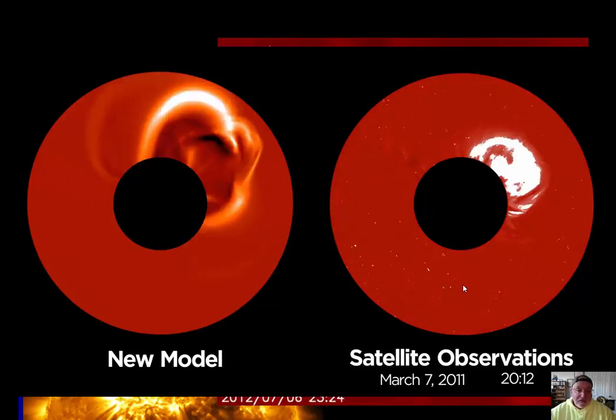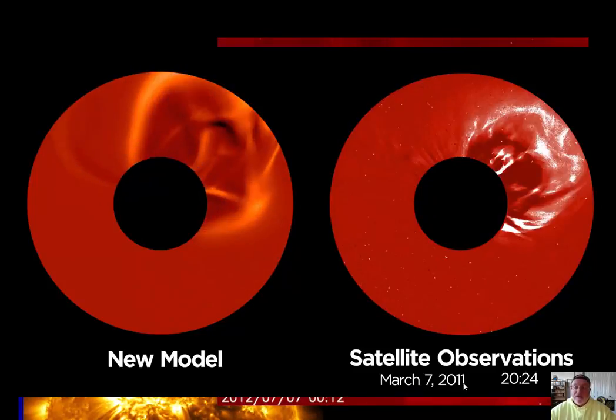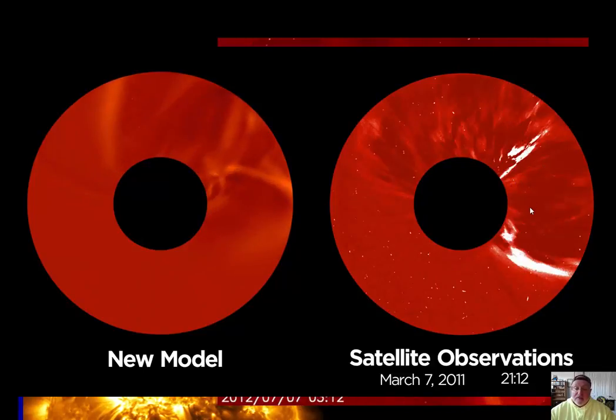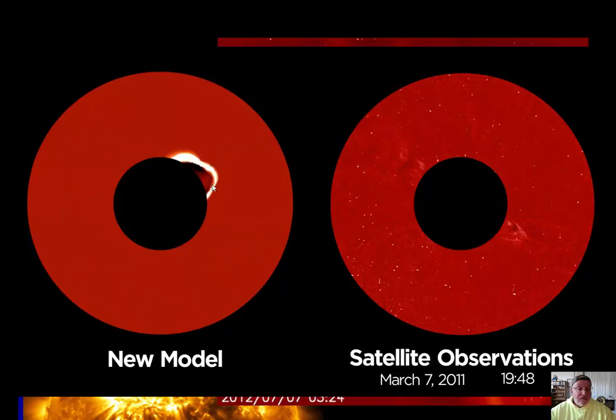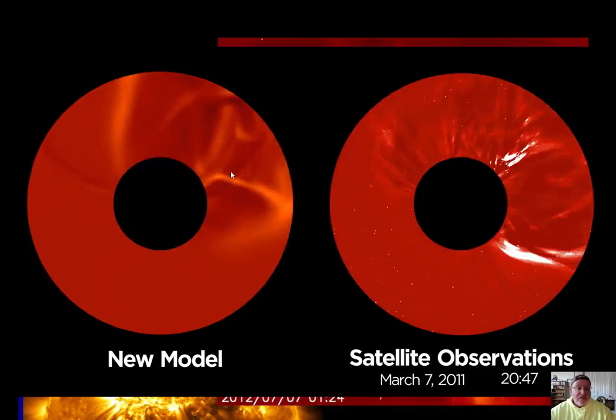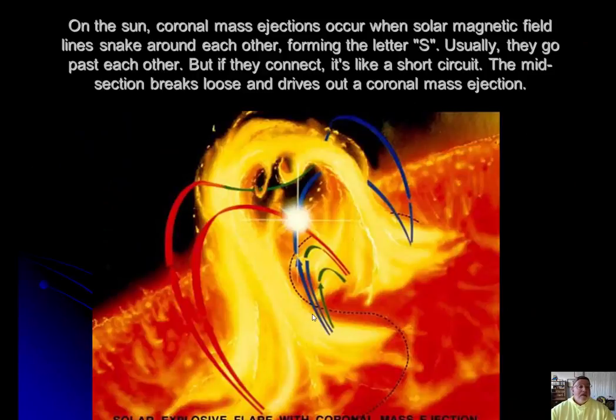We have newer models showing more definition. Here's a picture of one that happened in March 2011, and you can see the way it looked in an old satellite. And this is a newer enhanced version showing a lot more detail of the material going out. Our sun produces coronal mass ejections when magnetic fields get twisted into a snake S-type shape.